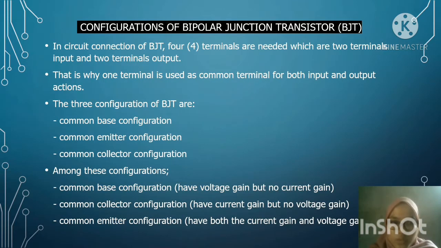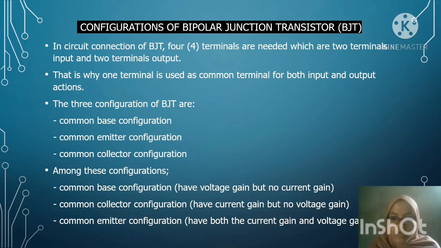Okay, so right now we will move to the configurations of the bipolar junction transistor. In a circuit connection of a BJT, four terminals are needed, which are two input terminals and two output terminals. That is why one terminal is used as a common terminal for both input and output action.